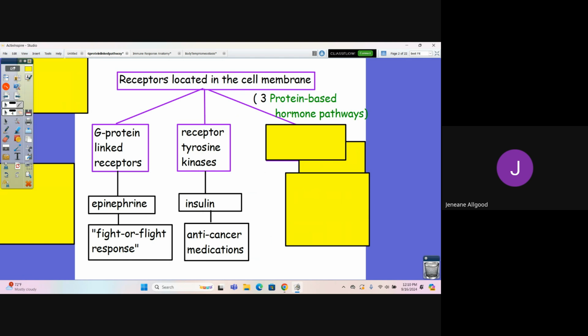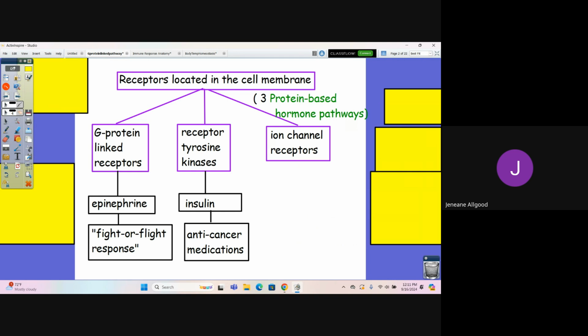Receptor tyrosine kinases, which you want to associate them with, are cell-specific anti-cancer medications, the ones where you don't have to take a chemotherapy drug that causes you to lose your hair and make you feel yucky all the time. These are like genetically cell-specific anti-cancer medications, and they're going to affect that pathway that we do tomorrow. And then finally, we have ion channel receptors, and that's really just kind of like what we did with synaptic signaling. So we don't really do a whole lot more with that.